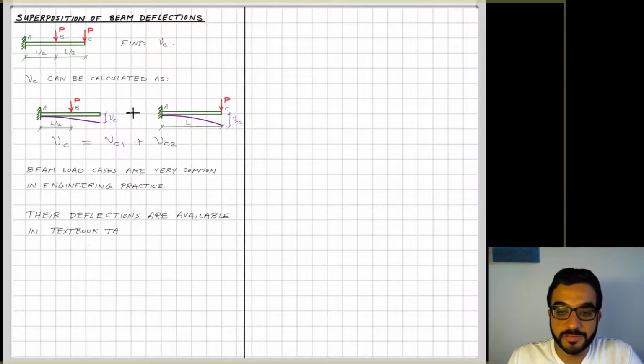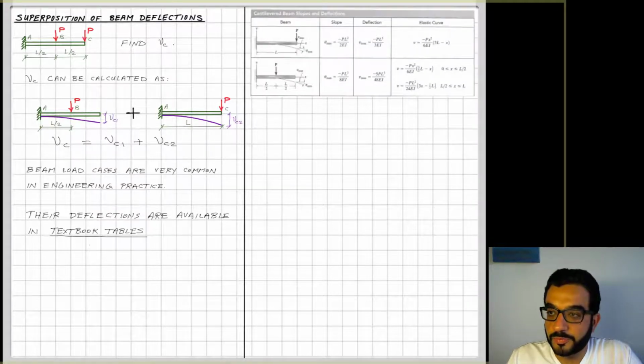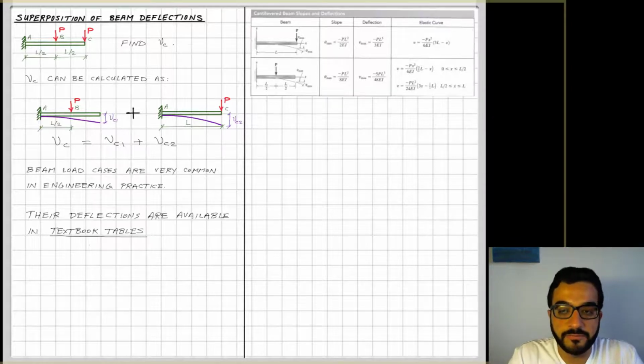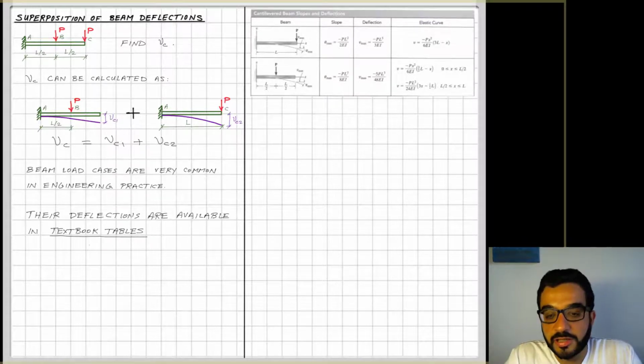So authors and people figured out, why not have that as a set of tables, so that whenever I see this load case, I will just go to the table and pull up the deflection information that was calculated and presented in the form of a table.